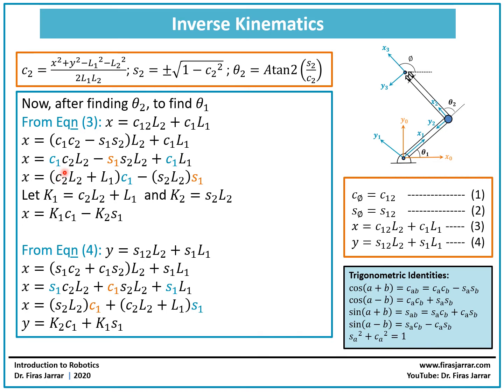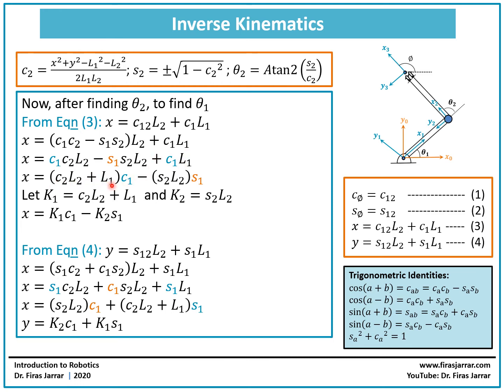Then I'm going to group terms together. I will have the terms that have cosine 1 together, which I have in blue here, and the rest of the terms, which is one term that has S1, I will have by itself. So for the ones that have C1, I have cosine 2 L2 plus L1.